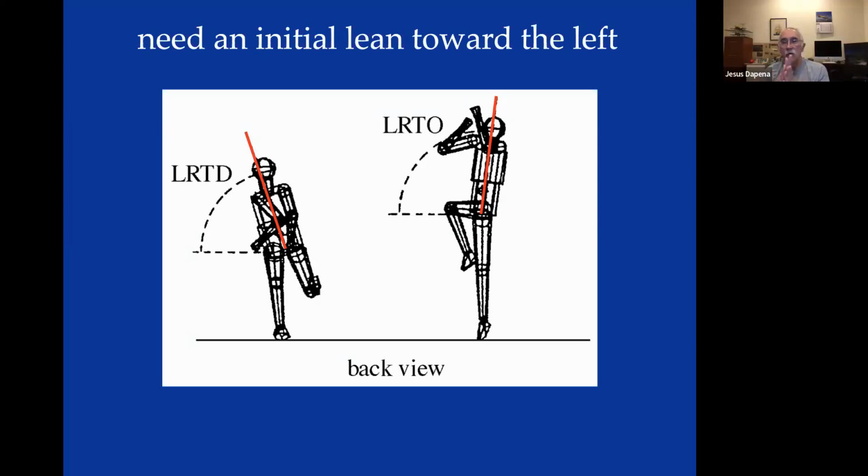So if you lean a little bit beyond the vertical, like what you see in the slide, the peak height of the center of mass will be a little bit lower. Let's imagine, and I'm making this up, that it's 2 centimeters lower than if you stayed vertical at the end of the takeoff phase.